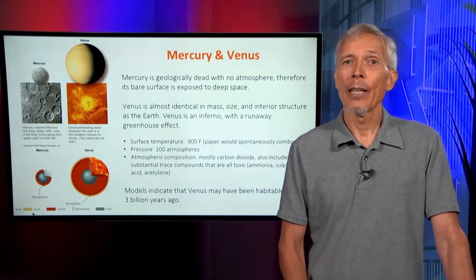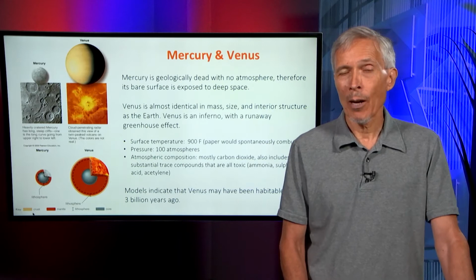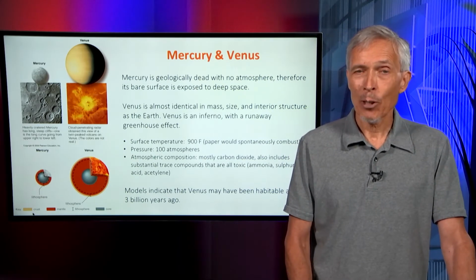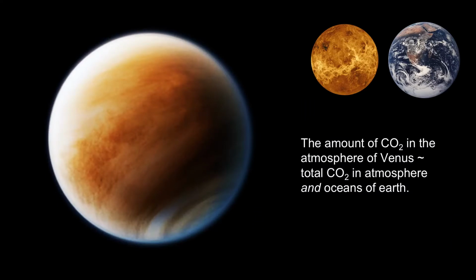Even more interesting is the fact that the inventory of carbon dioxide in the atmosphere on Venus is about the same as the total inventory of carbon dioxide in the atmosphere and oceans of the Earth. The difference is that on the Earth, most of that carbon dioxide is dissolved in seawater, rendering it slightly acidic. On Venus, we believe that the larger amount of carbon dioxide led to a positive feedback cycle called the runaway greenhouse effect.